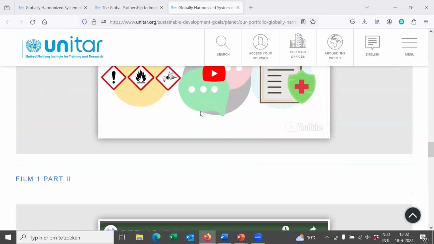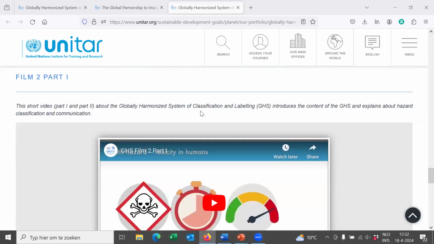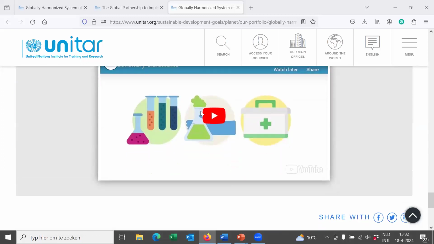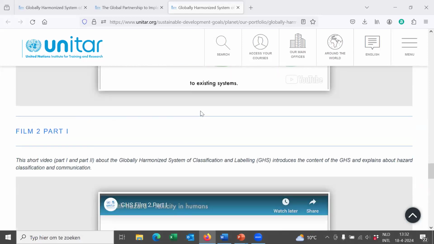And then we have the 2 films divided into 4 parts. I will share the link in the chat function later on, because it's quite a long link and you can't easily find it, so you will be able to find it back.